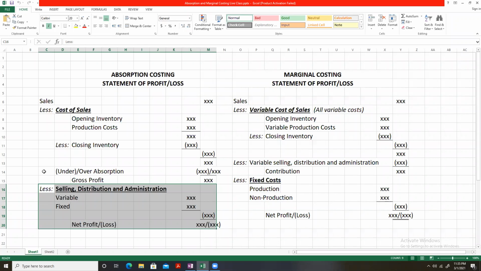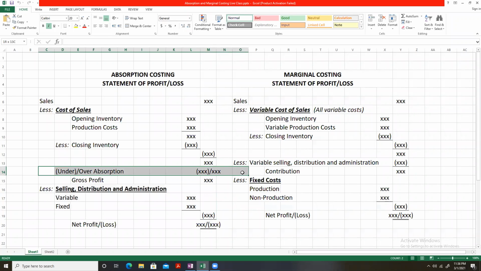One more thing, in absorption costing, often we need to make an adjustment for under or over absorbed overheads. That's when our budgeted production differs from the actual production, and over or under absorption of overhead arises. An adjustment is made to either reduce or increase the profit.